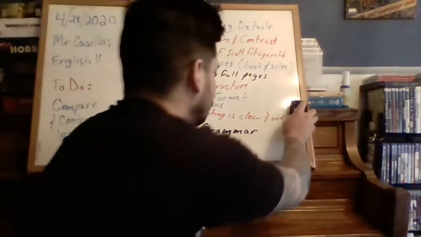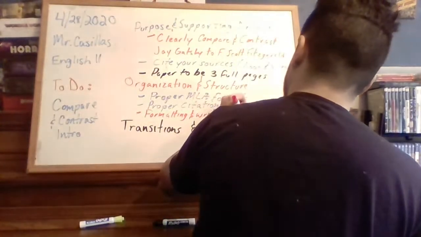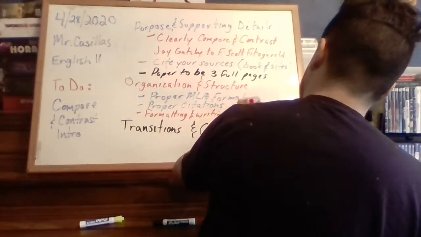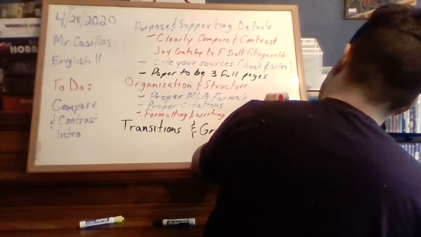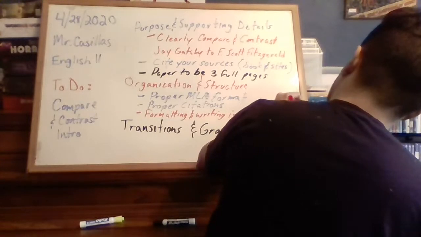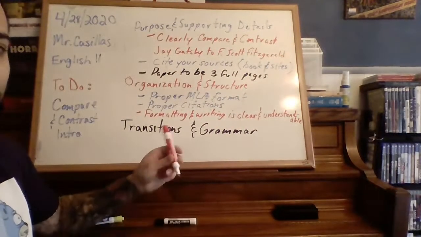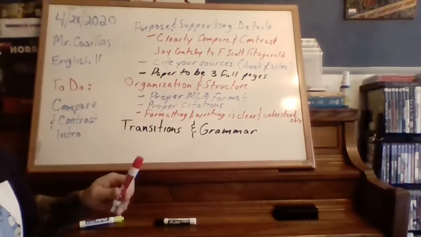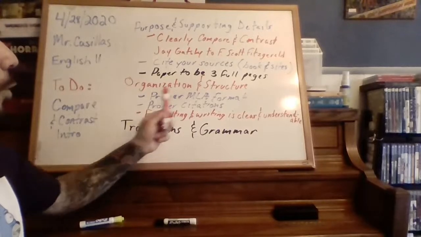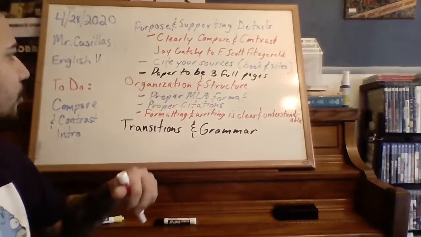Shoot. All right. Sorry, guys, I was running out of space. Okay. Organization and structure. You have the proper MLA format. You have your proper citations, and your formatting and writing is clear and understandable to read. Okay.